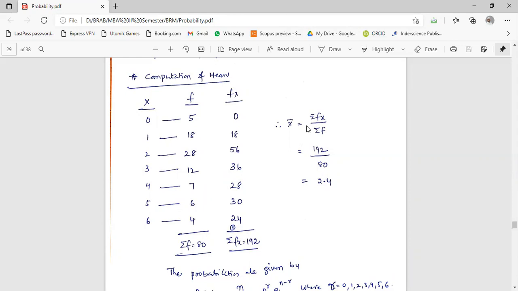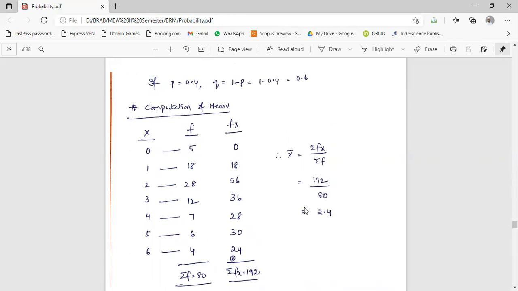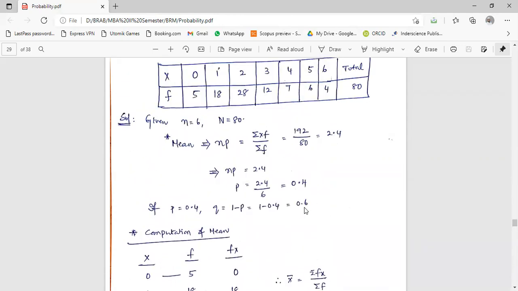The formula for calculating mean in the case of discrete series: x bar is equal to sigma fx by sigma f, that is 192 by 80, which is equal to 2.4. Now there is a mean formula for the binomial distribution also.